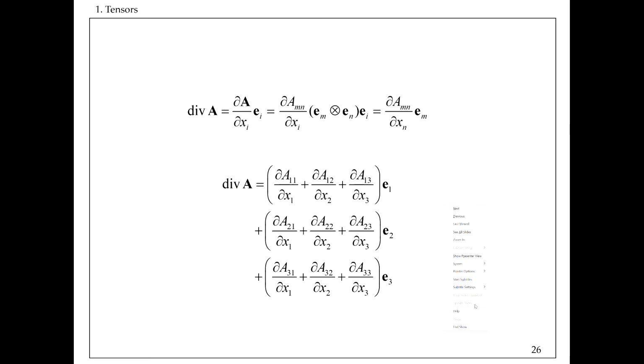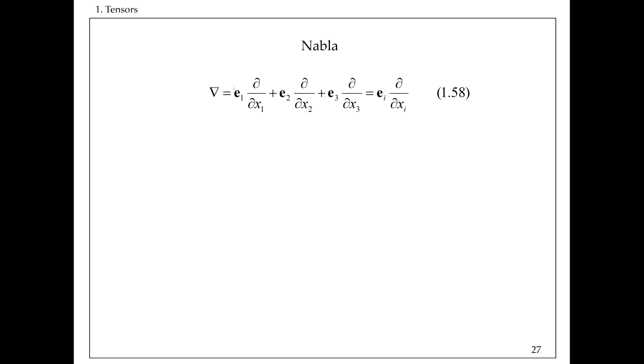Now, as already mentioned, we can use a different type of notation. This is the so-called Nabla operator. So when we try to treat these differential operators as essentially products, the corresponding product, either vector product or scalar product or tensor product with some sort of vector.